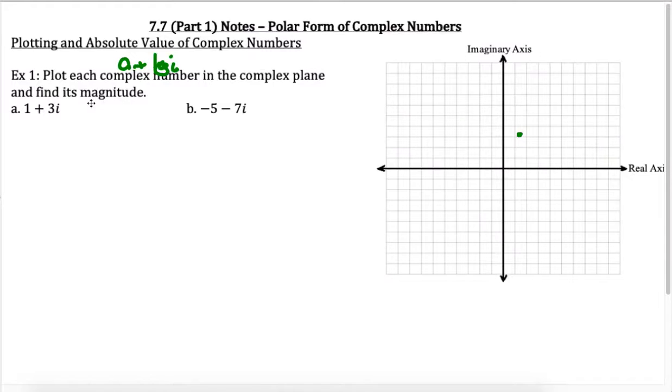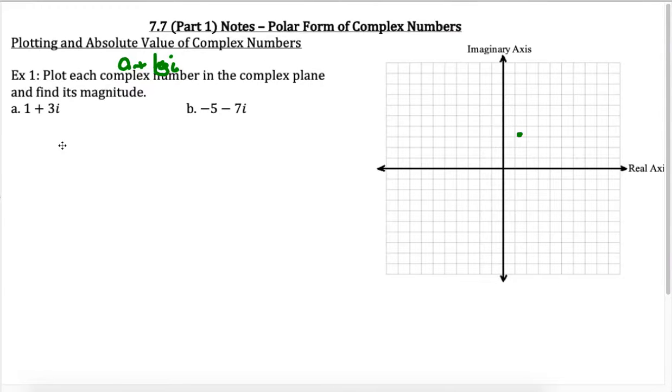Now, magnitude is very similar to finding the r value that we did in the last section, finding polar coordinates. The magnitude is similar to the absolute value of a number. It's just the distance from 0.